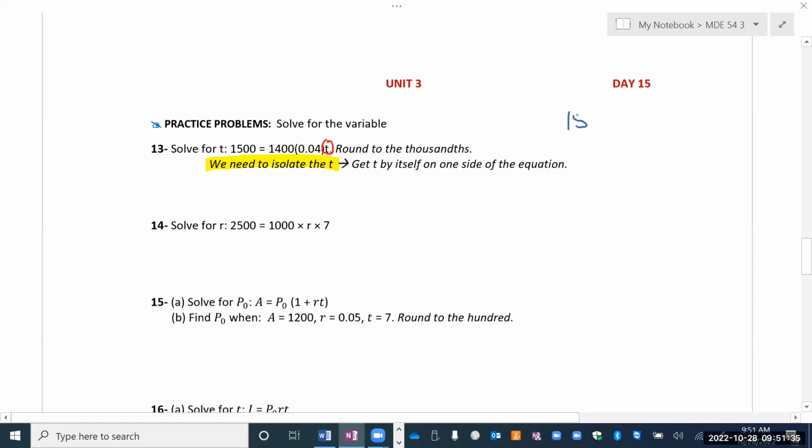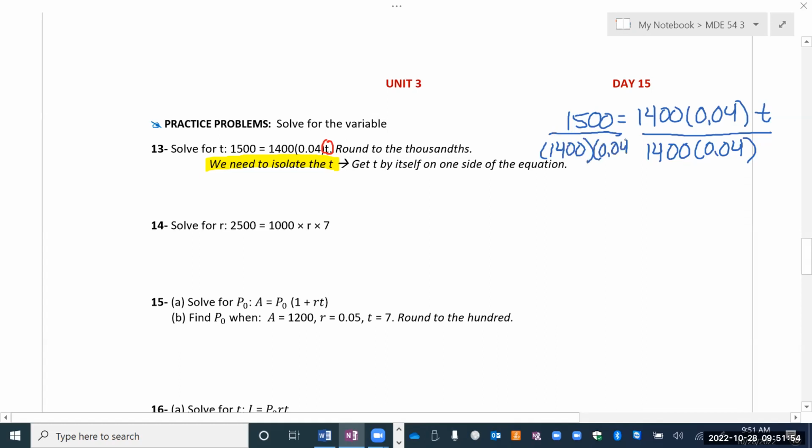So over here, I have 1,500 equals 1,400, 0.04, and this T that I want to isolate. So I'm going to divide both sides by the 1,400 and the 0.04. That way they cancel out and it's gone. Now, when I put this in, these need their own parentheses.